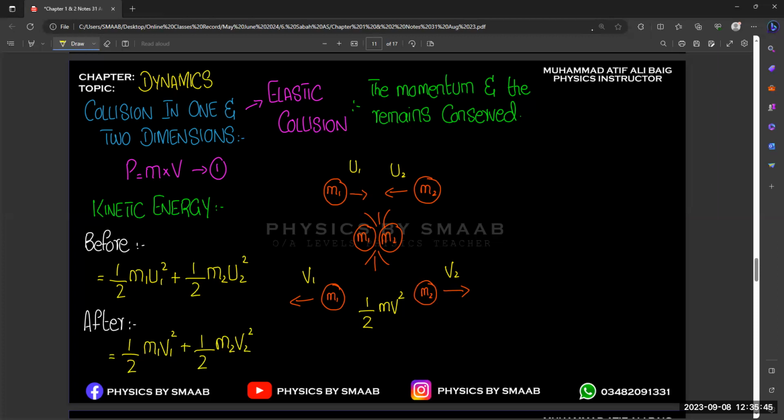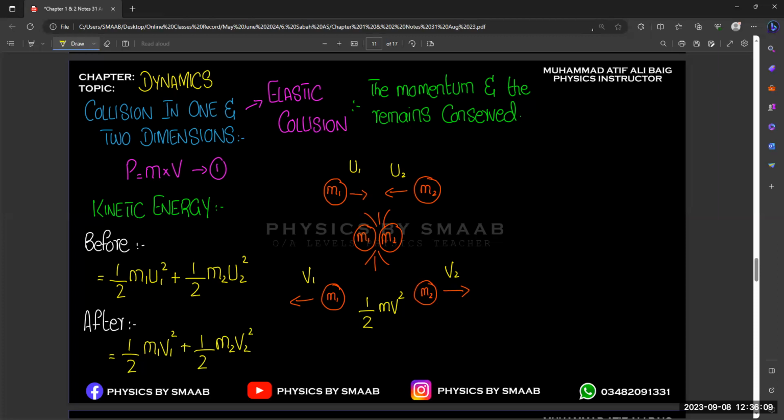So the new concept that we need to study here is that sometimes in a question they will ask about the elastic collision. So we need to know what the concept of elastic collision is. We need to compare the energies plus the momentum before and after collision of two bodies, right? And the same goes for inelastic bodies when they collide with each other.